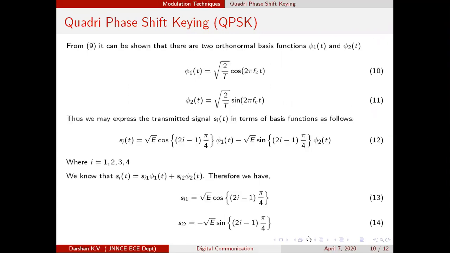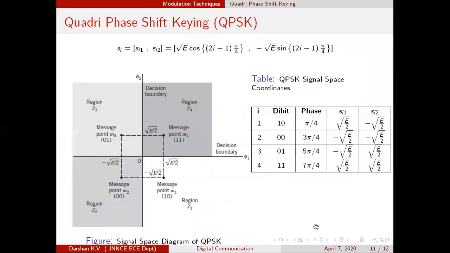The signal is represented in terms of basis functions. Here we have two basis functions, shown in equations 10 and 11. With the help of this basis, the original QPSK signal is expressed as a linear combination of basis functions. From equation 12, we represent the vector form of the signal. How? Extract the coefficients of the basis functions and write them here.